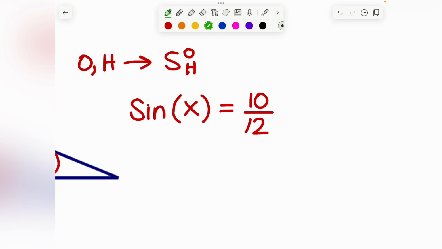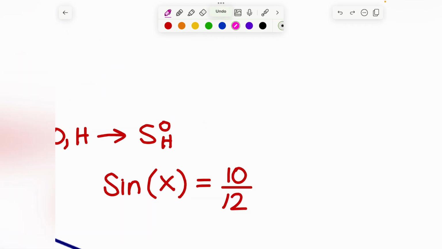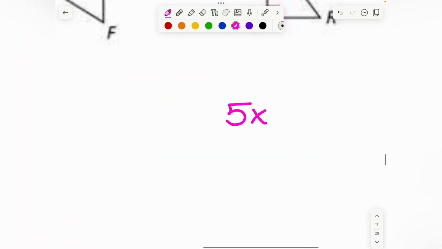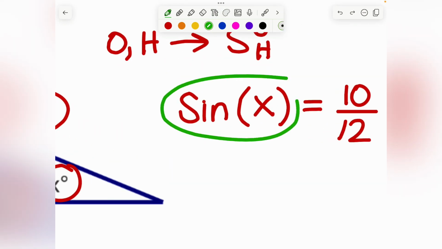Now, this part is kind of weird. What I need to do is cancel out this sine so that I have an x by itself. Just like if I had 5x equals 10, to cancel out this 5, I divide, because the inverse of multiply is divide. The inverse of sine is not multiplication.